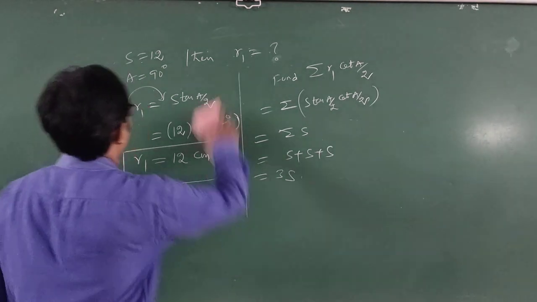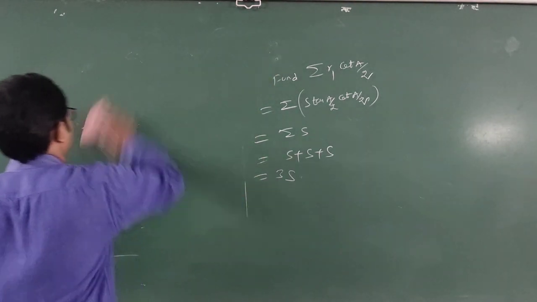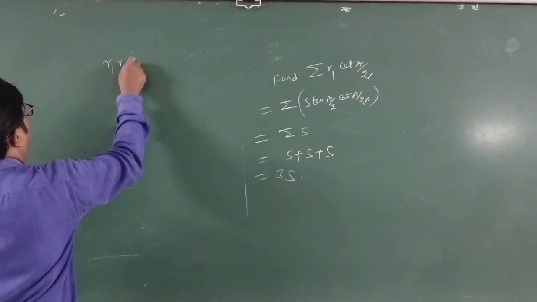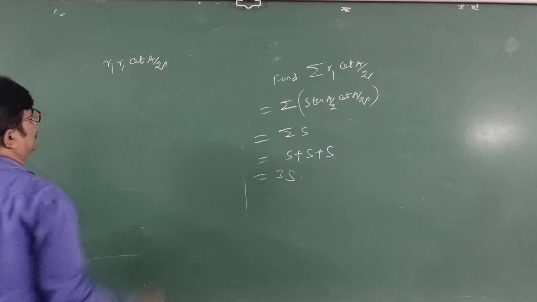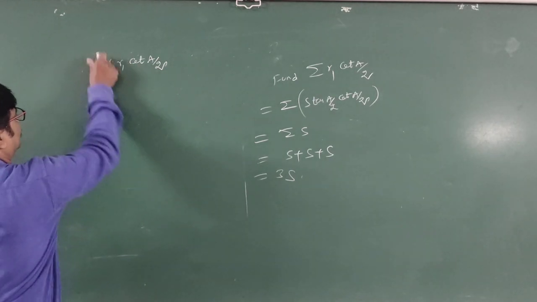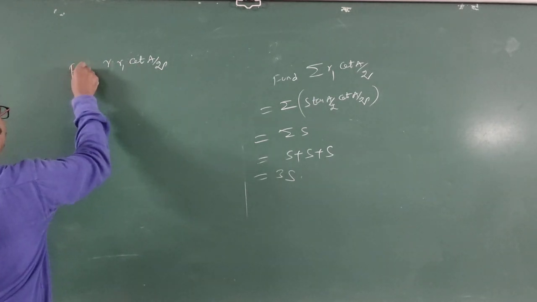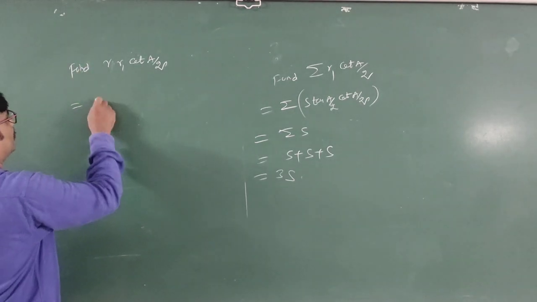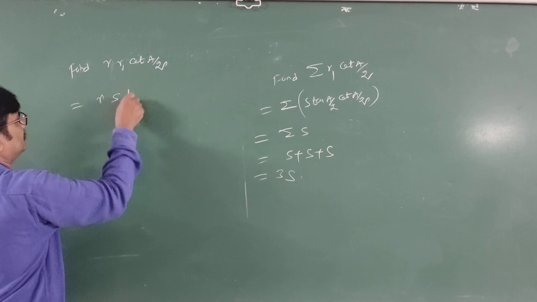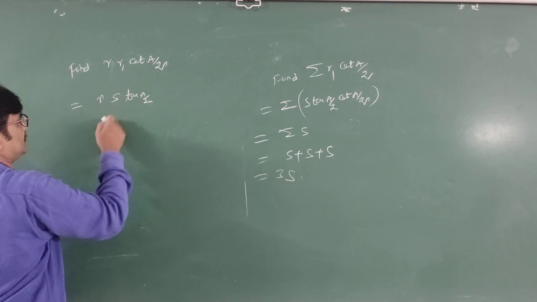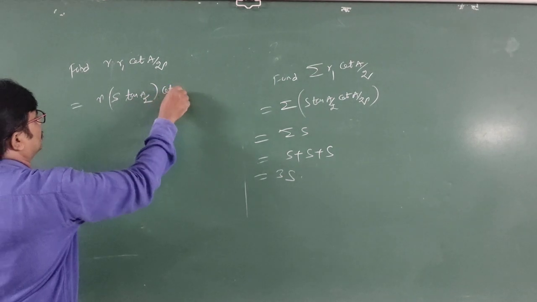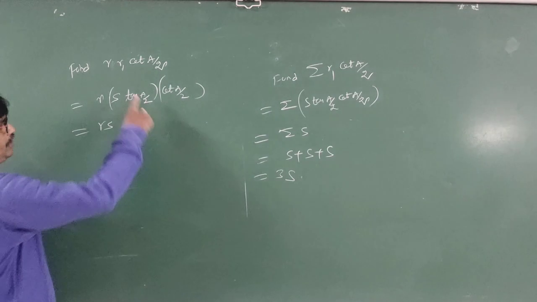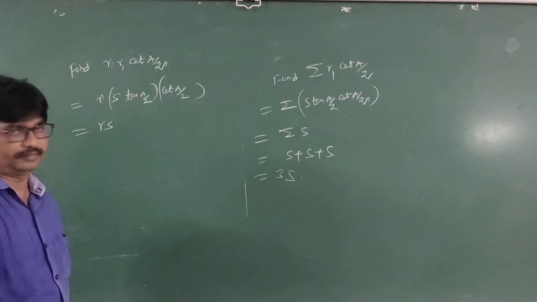Now students, the next one is r into r1 into cot a by 2.